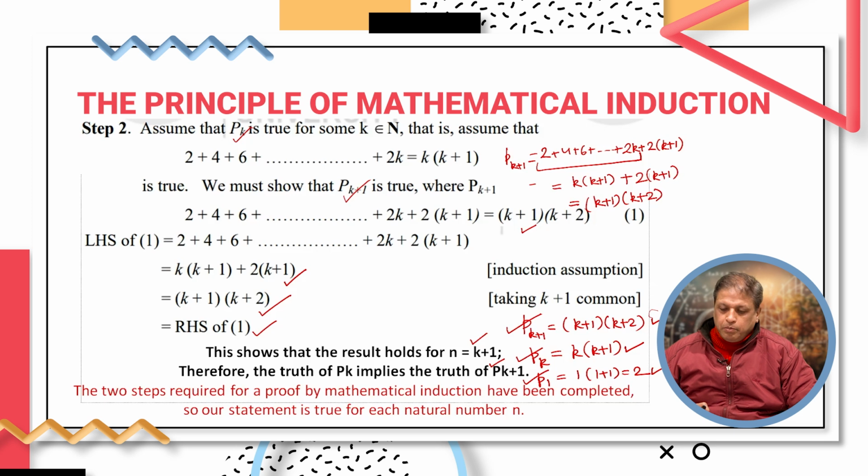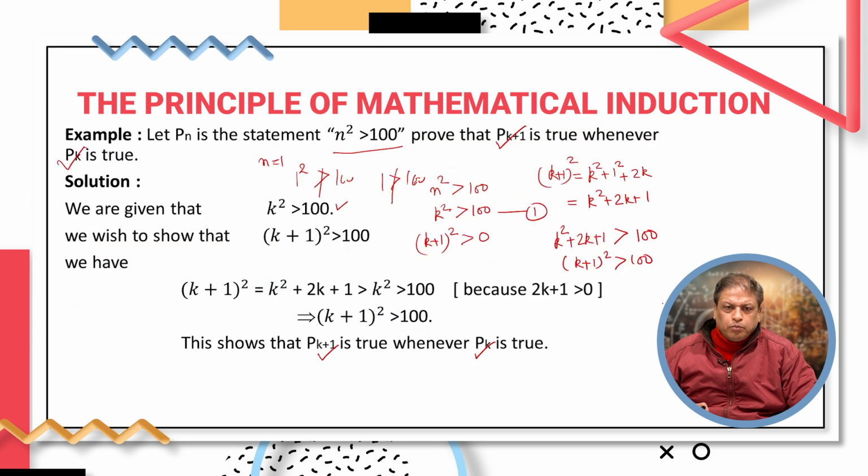I hope you are able to understand what the principle of mathematical induction is, and how to validate the pattern. It is observed that many a times the pattern is true up to some number. Likewise, over here when we considered n square is greater than 100, we wanted to prove that Pk plus 1 is true whenever Pk is true, but this statement is not true when n is equal to 1.